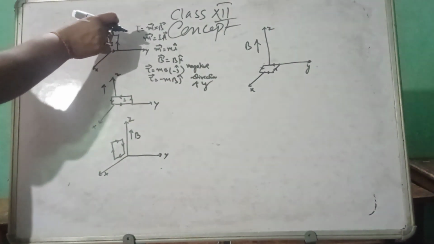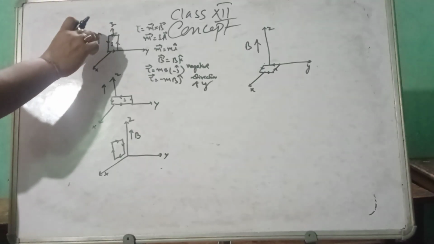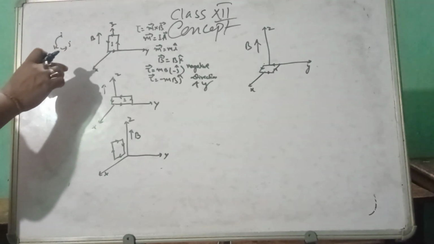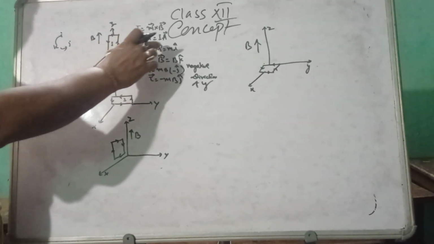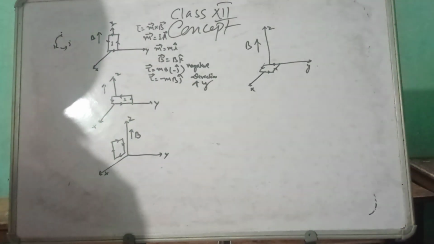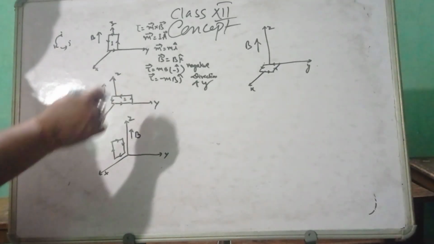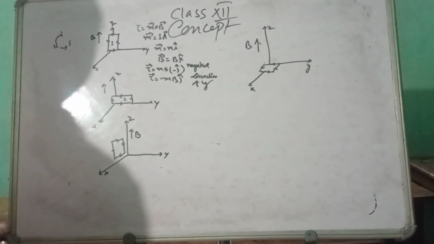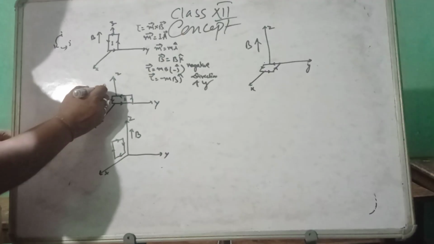Here the current is flowing in anti-clockwise direction, so your magnetic moment is along I cap, and the field is already given as K cap. So the torque here will be along the negative direction of the y-axis.